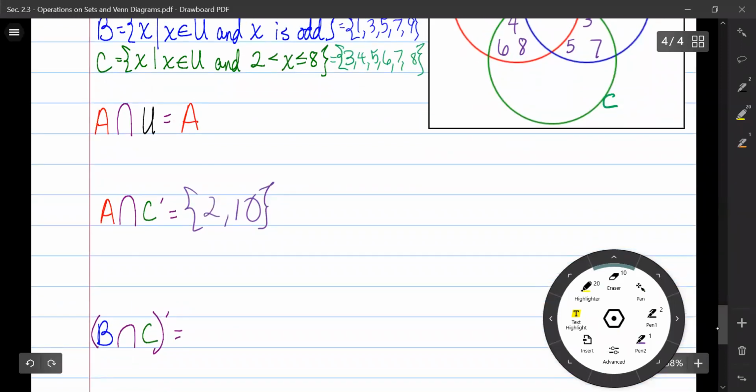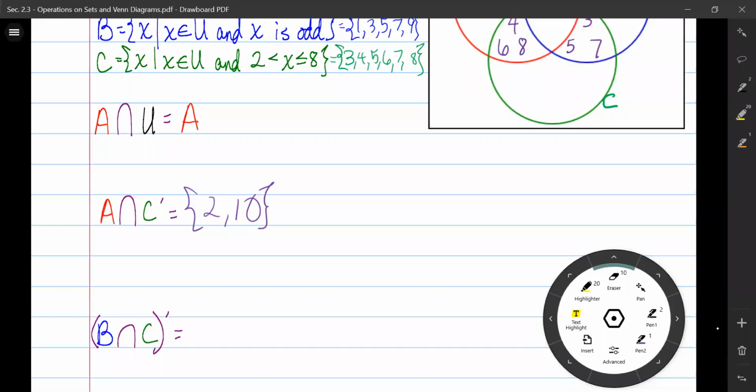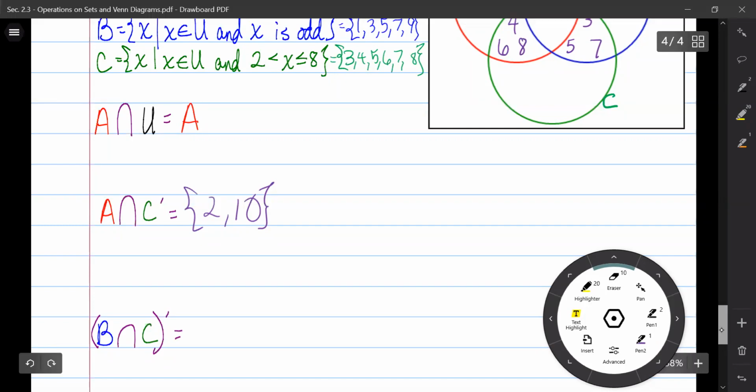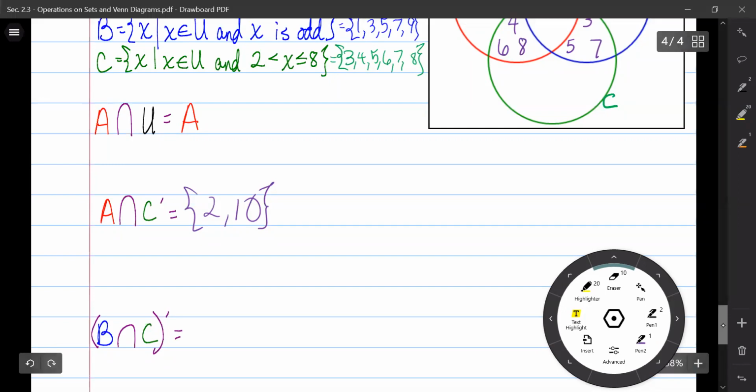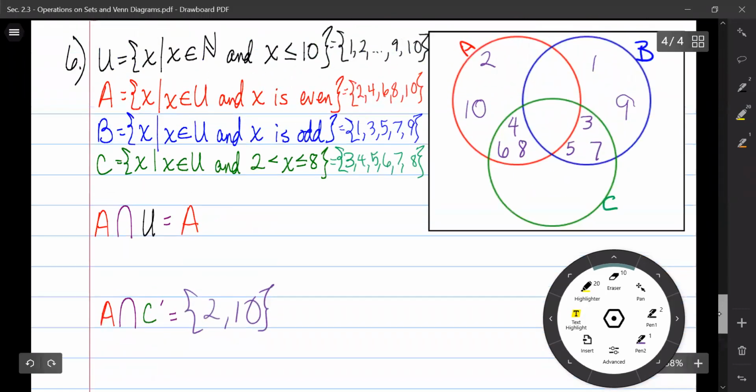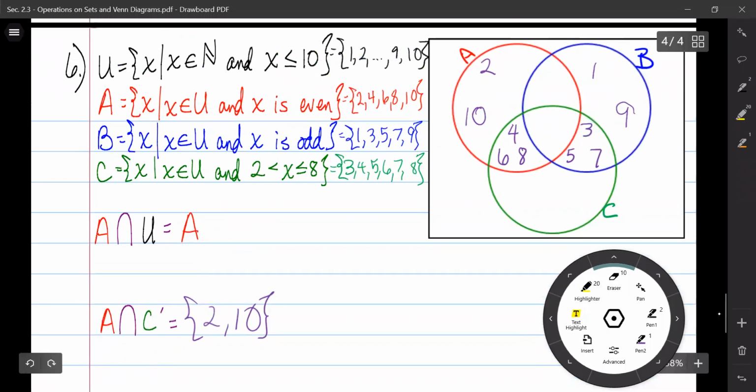B intersect C prime. So things that are not in the intersection of B and C. So you might want to do this by writing out the list of everything that is in the intersection of B and C and then do the complement of it. Or we could just probably use our Venn diagram. The intersection of B and C is this area, which means if we're doing the complement, we want everything outside of that area.